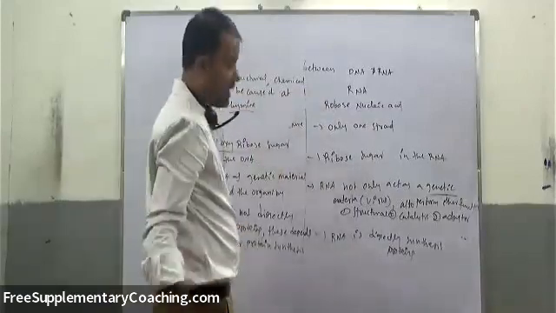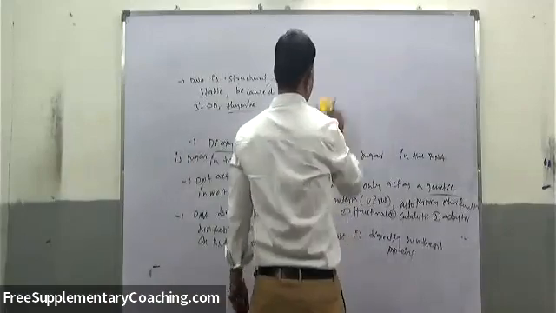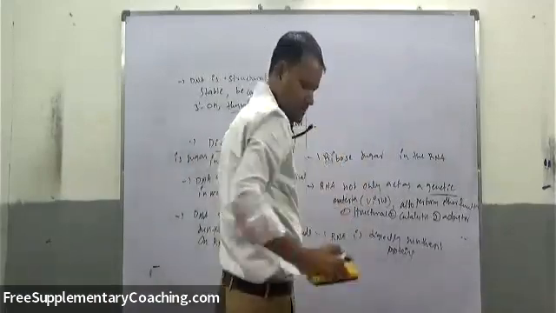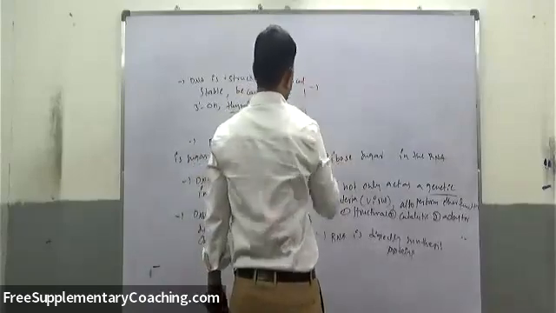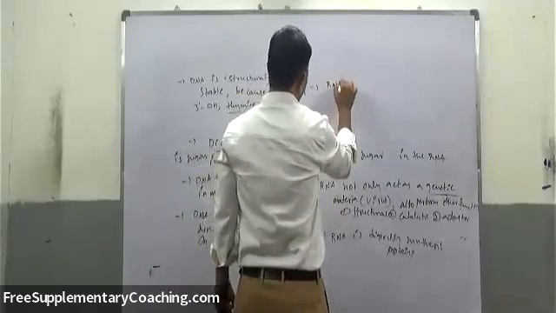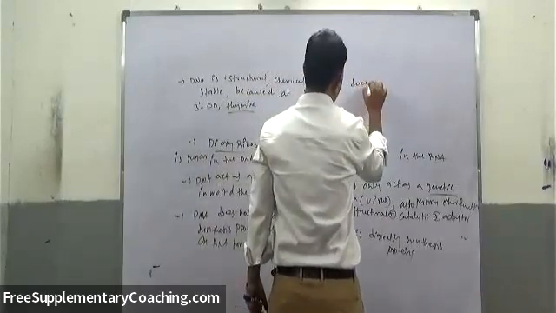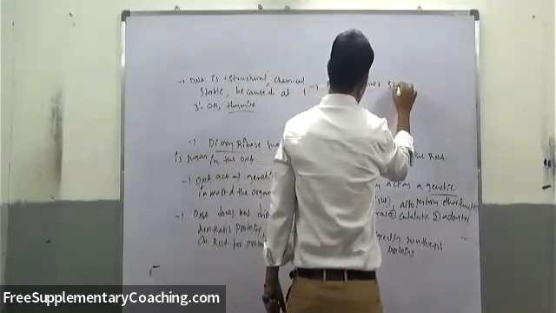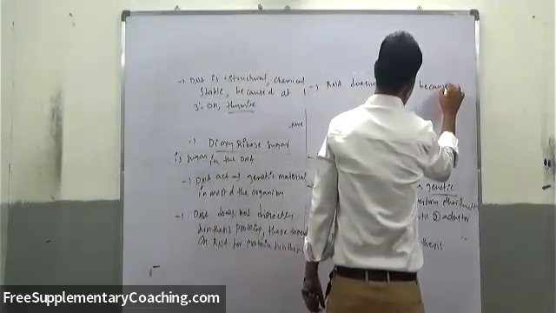Okay. But RNA is not stable. RNA is not stable because of an additional OH group at the second carbon, and uracil is present in that. RNA is not stable because of what?